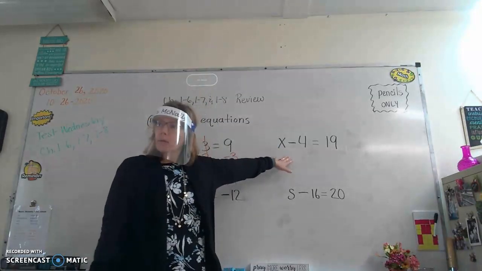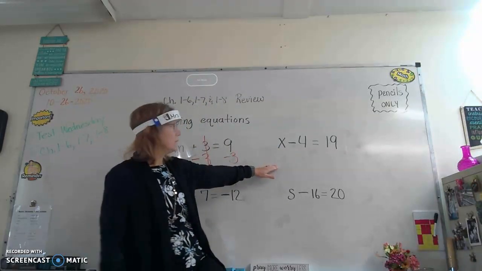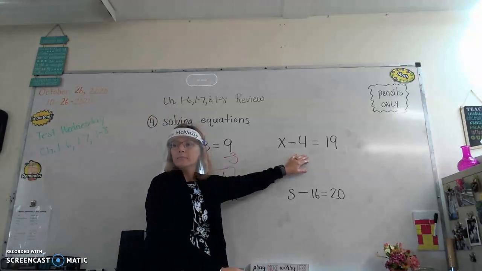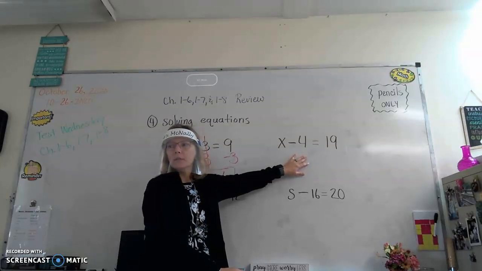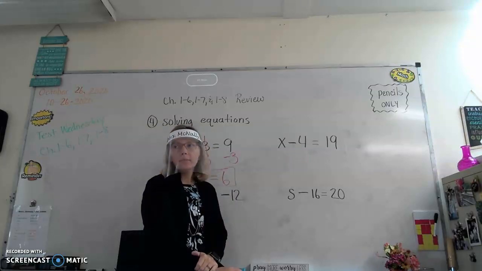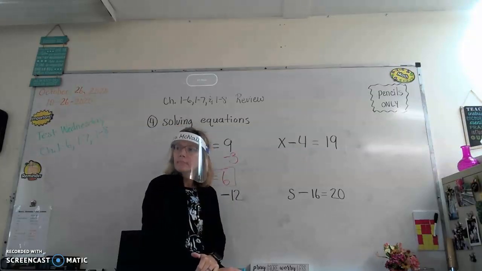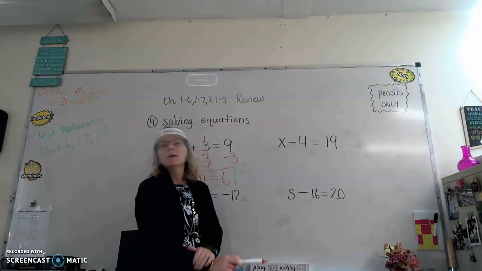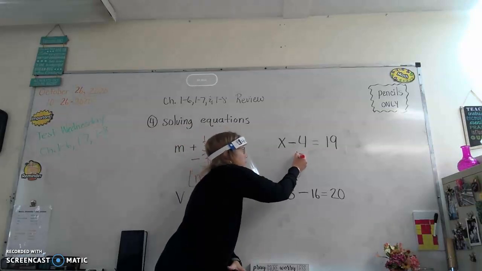All right, how about this one? Cameron, what is happening to the variable? Subtracting. Subtracting what? x minus 4. So I have to look at the variable and do the opposite, so you want to add, and then cross the 4 off.